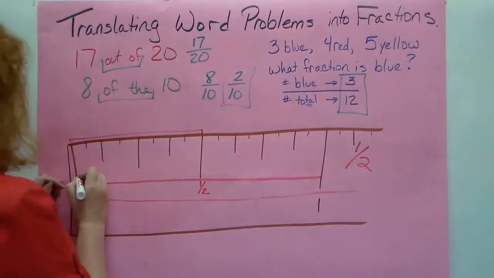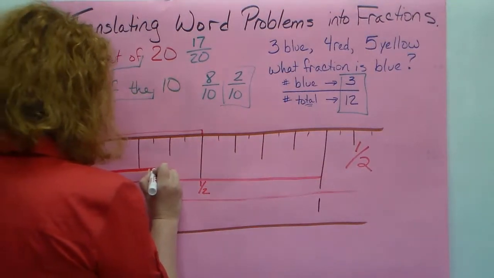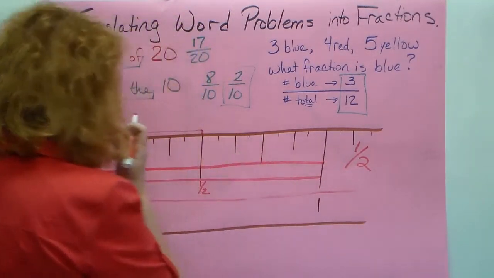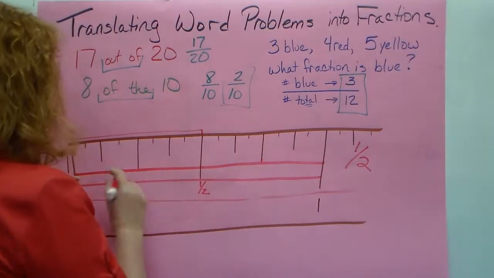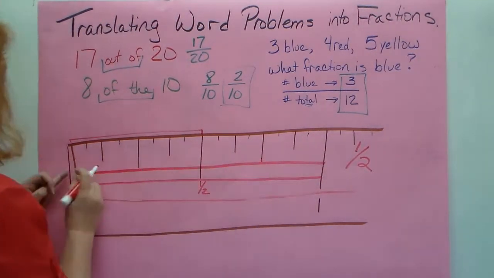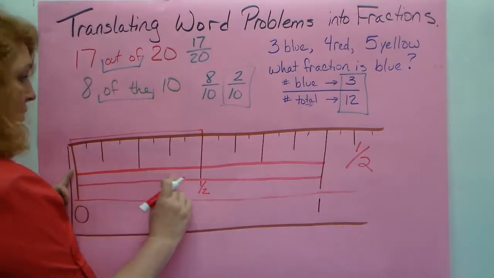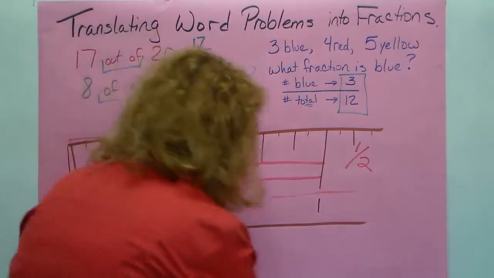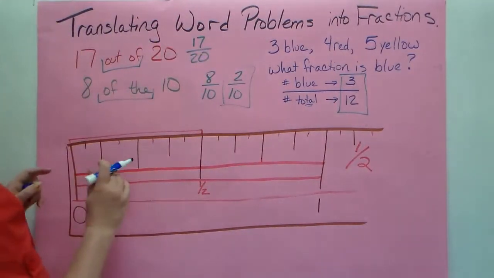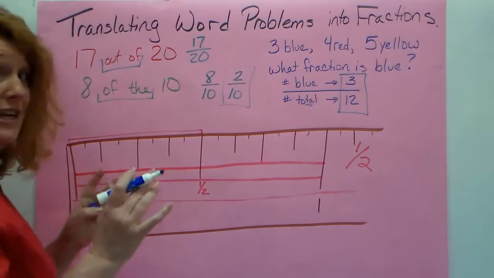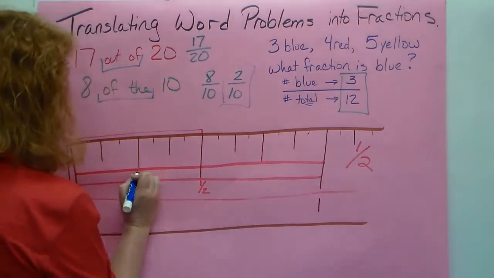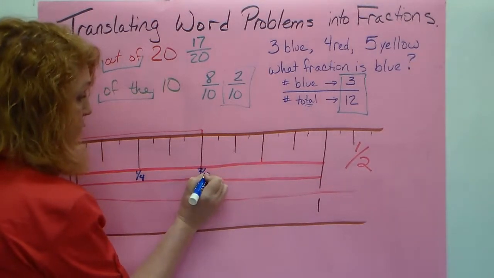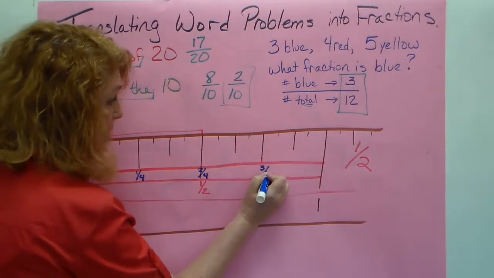Then I go to the next level. Oh, and this line was supposed to be that long. Okay. The next level, notice, now my inch is cut into 4 pieces. 1, 2, 3, 4. So this fraction is going to be fourths. This is 1/4. This is 2/4. This is 3/4.